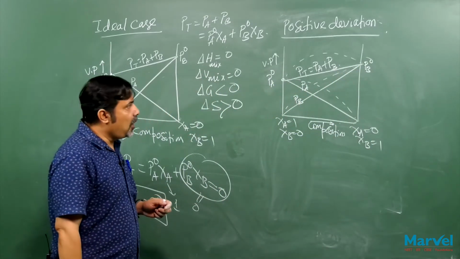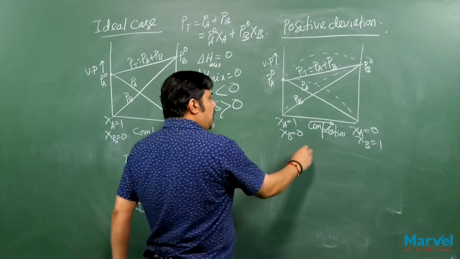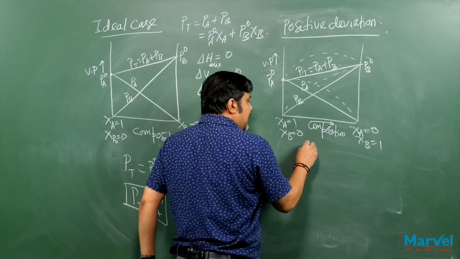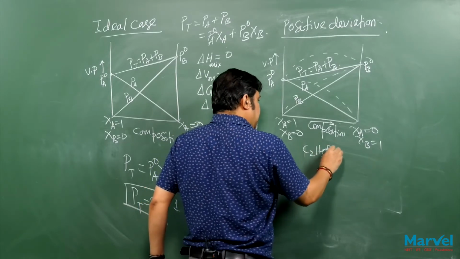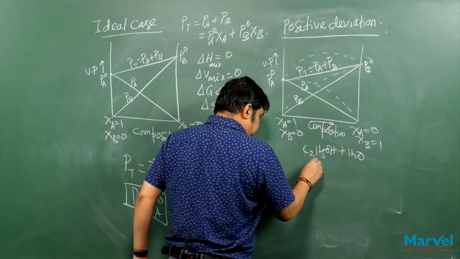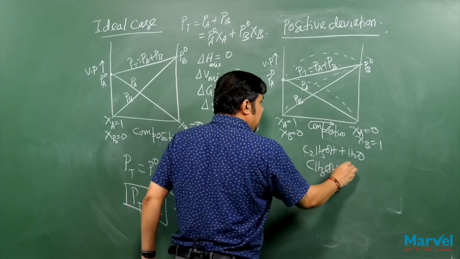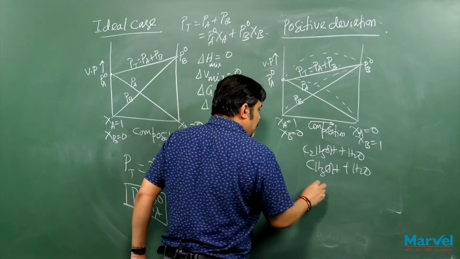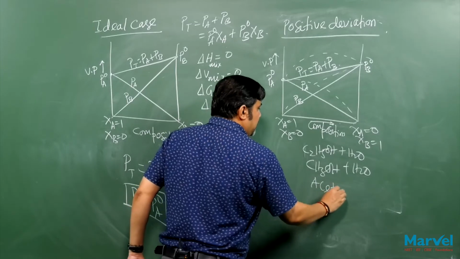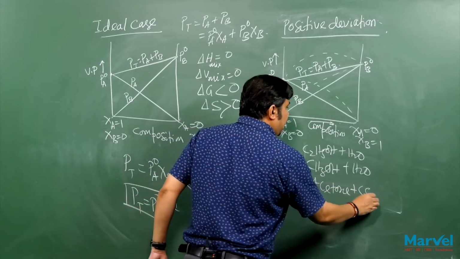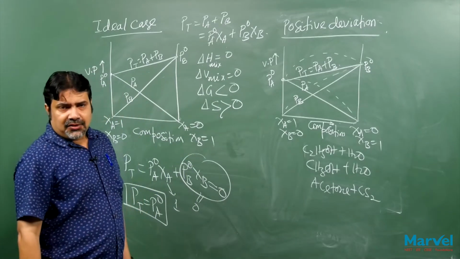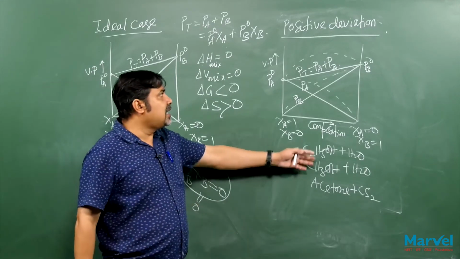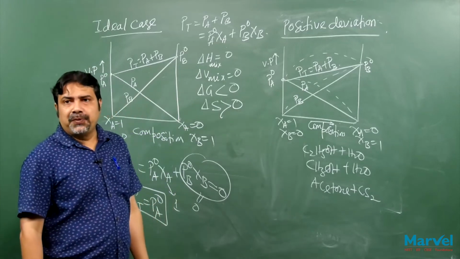Now if you look at positive deviation, there are mixtures of liquids: C2H5OH plus water, CH3OH plus water, acetone plus carbon disulfide. There are n number of mixtures, carbon tetrachloride, benzene. So mixtures of liquids like that show positive deviations.